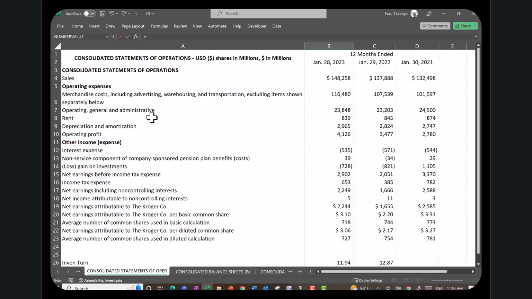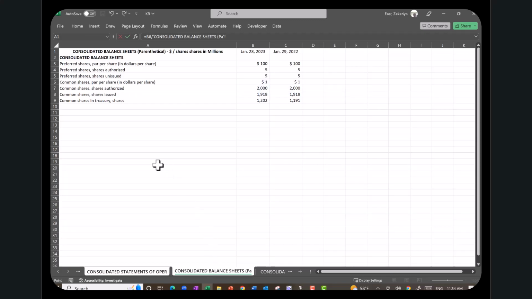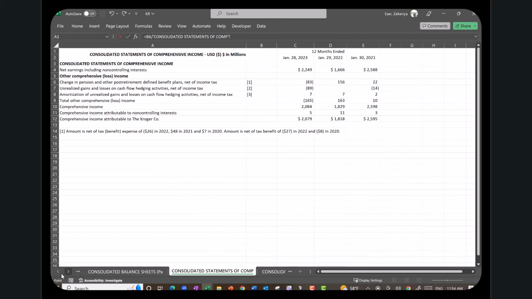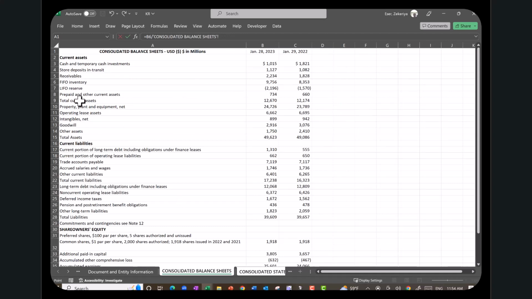I'm going to get cost of goods sold, divided by, from the financial statements, trade account payables, that's it.